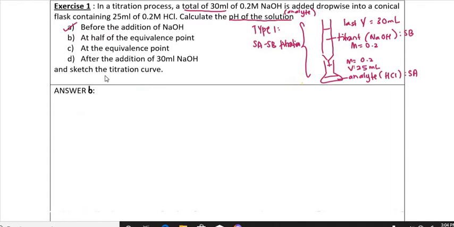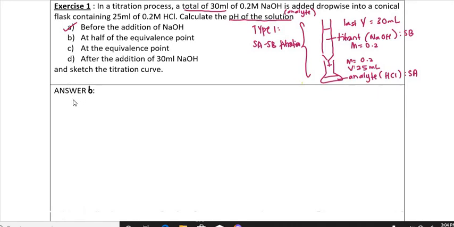Now we go to the 1B. Calculate the pH of the solution at half of the equivalent point. So, when you said half of the equivalent point, you have to understand what means by equivalent point. Equivalent point is the mole acid and mole base are completely reacted. Okay?